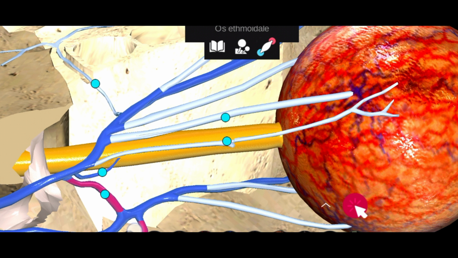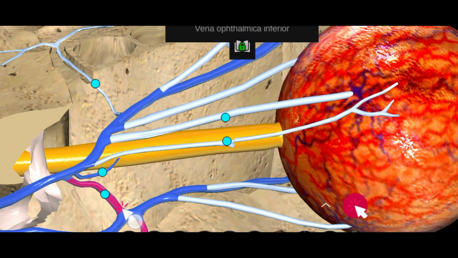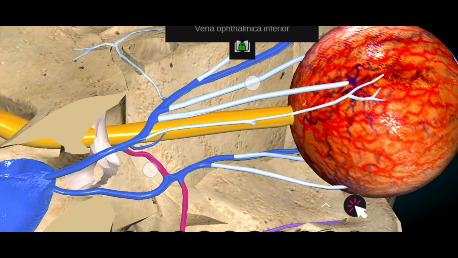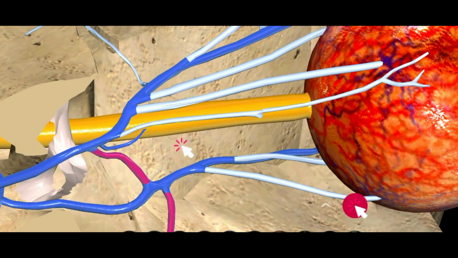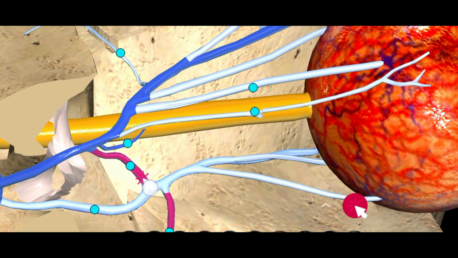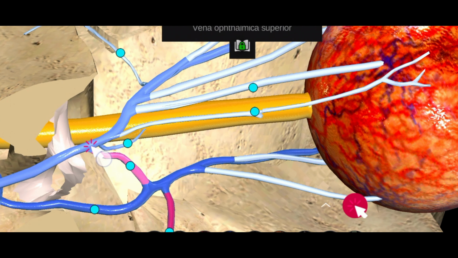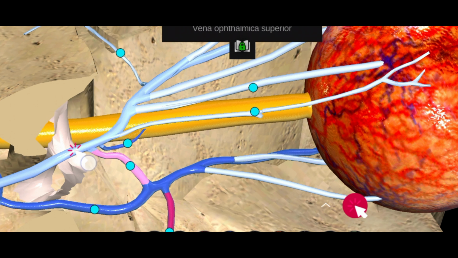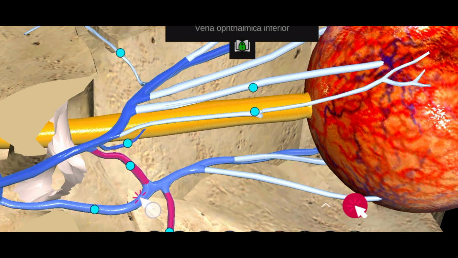And this pinkish vein is called the communicating vein. It communicates between these two veins: the inferior ophthalmic vein, which drains the inferior region of the orbit, and the superior ophthalmic vein.